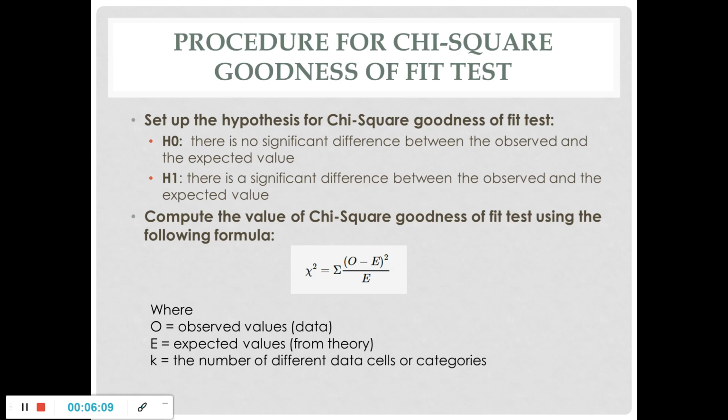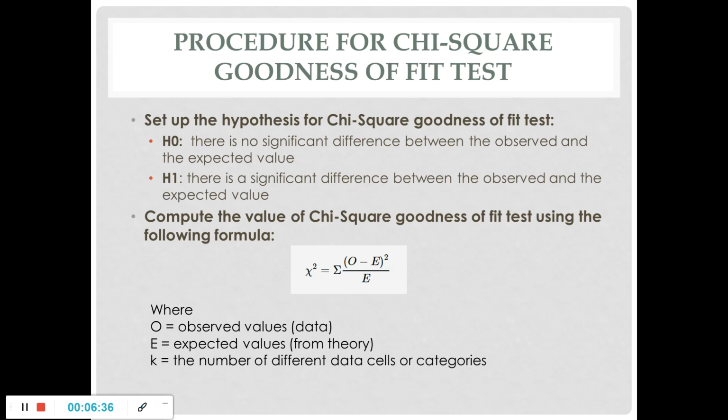The next step is computing the value of the chi-square goodness of fit test statistic. You can use this formula, where the chi-square test statistic is the sum of observed minus expected value whole squared, divided by the expected value.